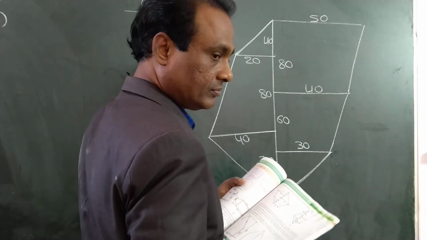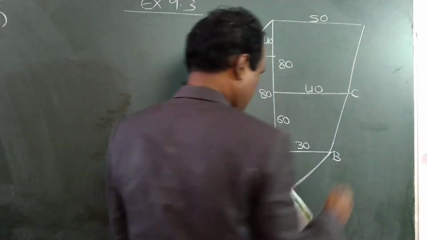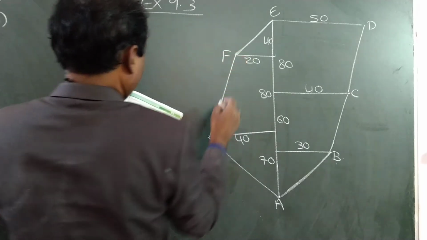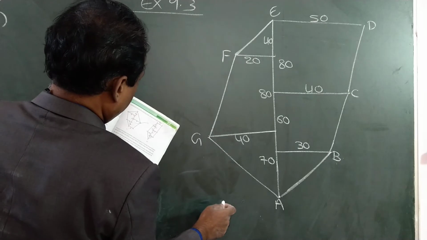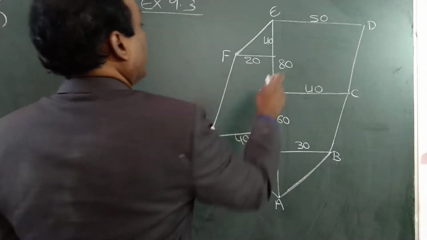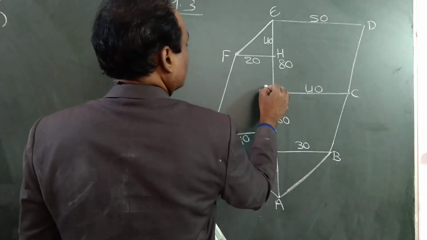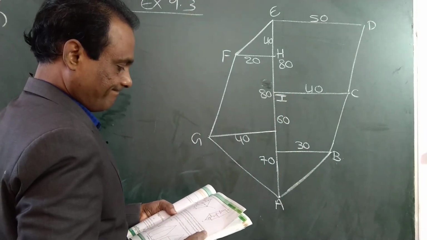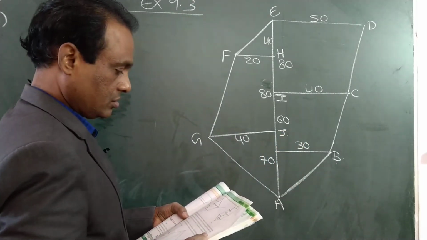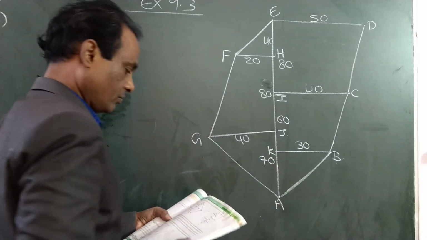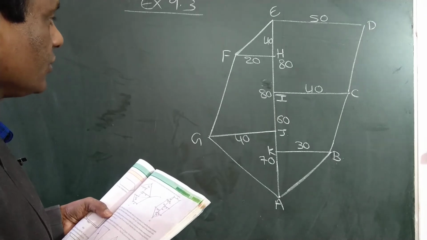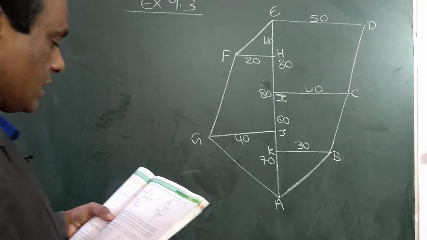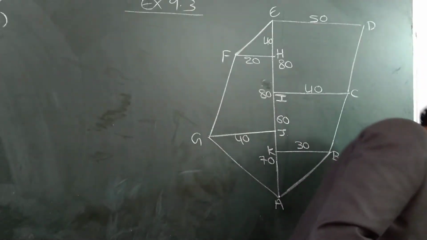This is A, B, C, D, E, F, G, H, I, J, K. This is the diagram. All of you see the diagram.